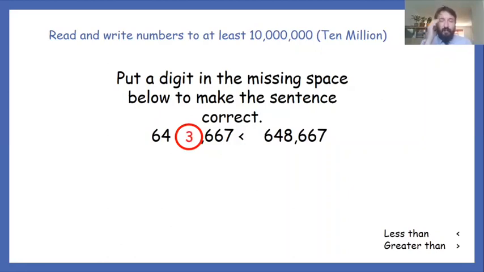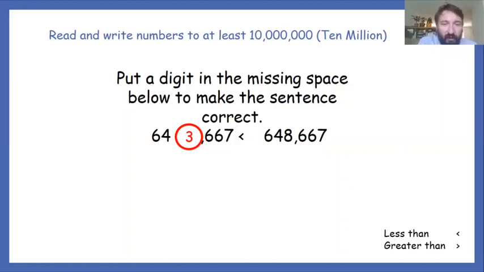Okay, so Mr. Osborne, he's opted for a 3 here. So what we're saying is this number 648,000 is larger. Remember what I said before about the crocodiles eating the larger number. The 648,667 needs to be larger than this number.